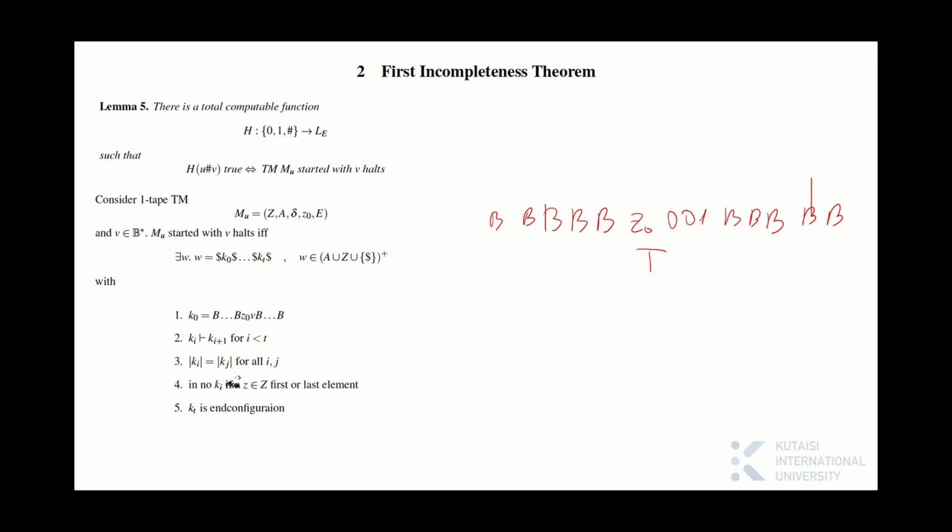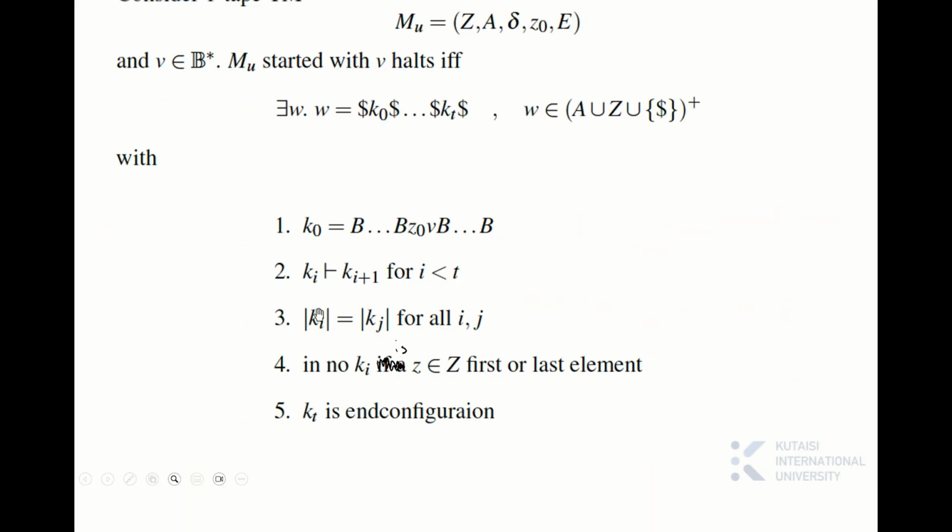So the next configuration is maybe again B, B, B, B, B, and maybe 0, Z, 1, 0, 1, B, B, B, B, B. This means that the transition function here was that on Z0 and 0, it went right and overwrote it with 0 again or whatever. But if I write enough B's, all of these configurations will be of the same size. If your state never goes over the B's, they will all be of the same size. So I can assume that each configuration here has the same size.